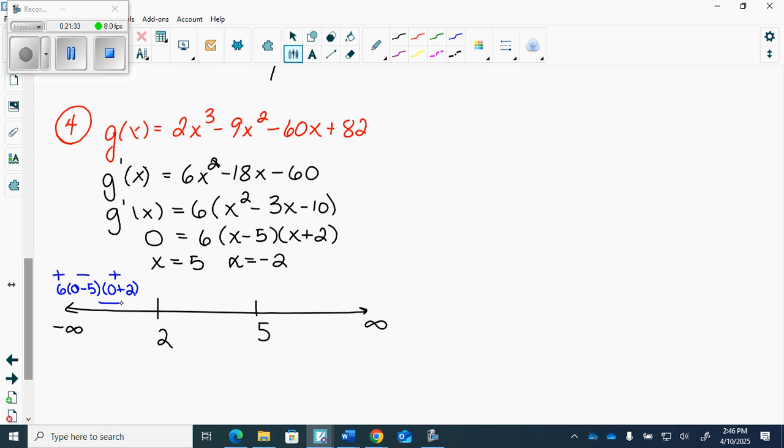We agree? Then I run between negative 2 and 5, so I could do 3. So I get 6 times 3 minus 5 times 3 plus 2. So I get plus, minus, plus, which is? What do we get? Negative.